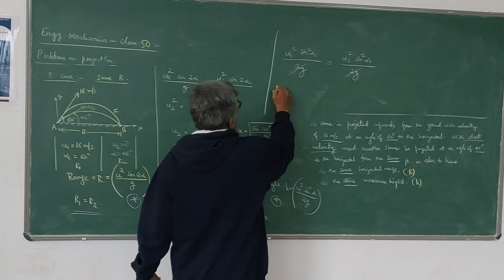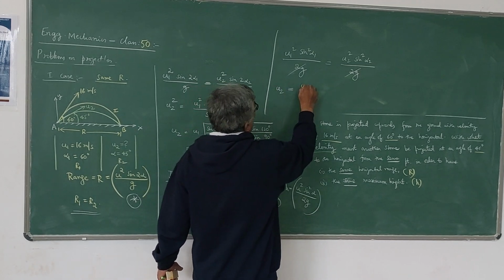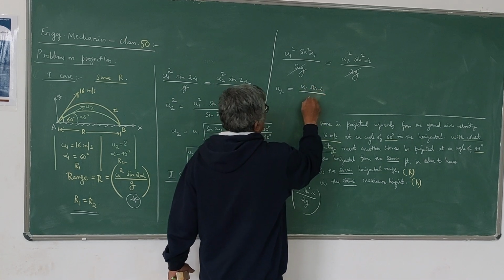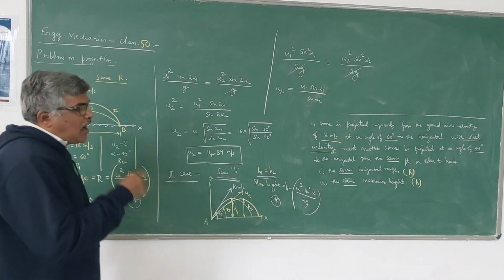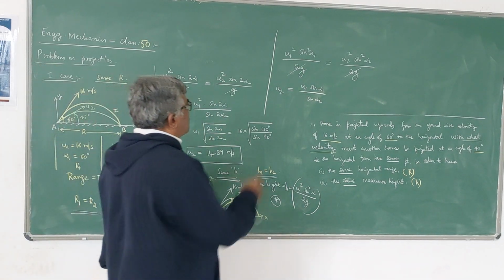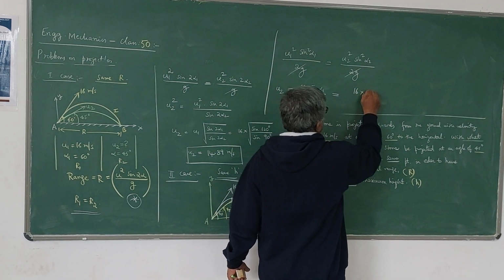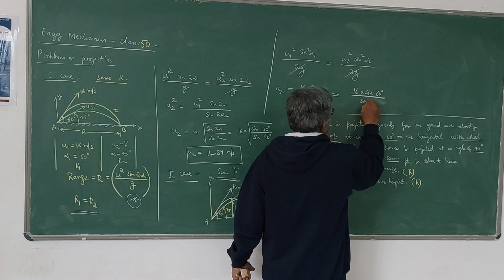So if I want u2, u2 is equal to u1 into sin alpha 1 by sin alpha 2, taking square root both sides. If you take square root both sides, all squares will vanish. So this is the expression you are going to get: u1 is 16 into sin 60 degrees divided by sin 45 degrees.